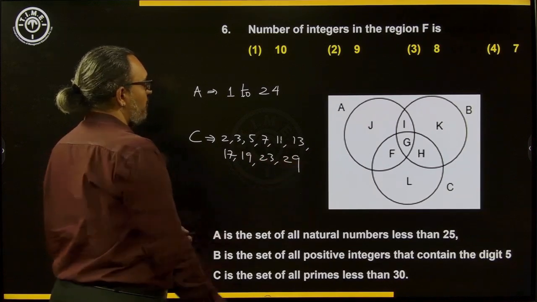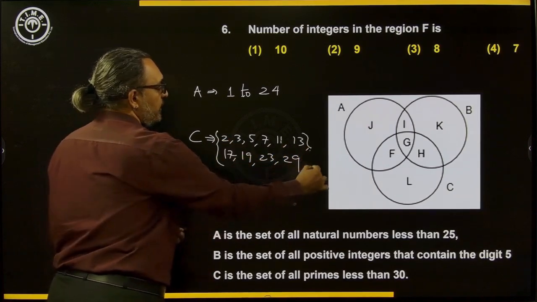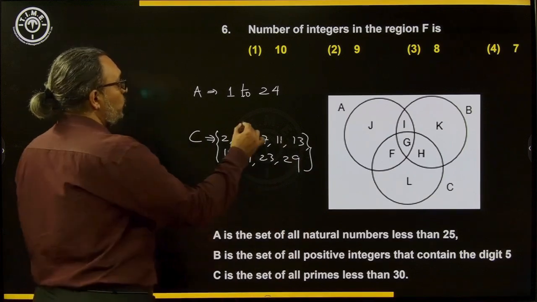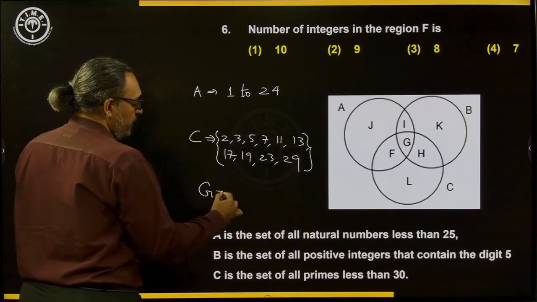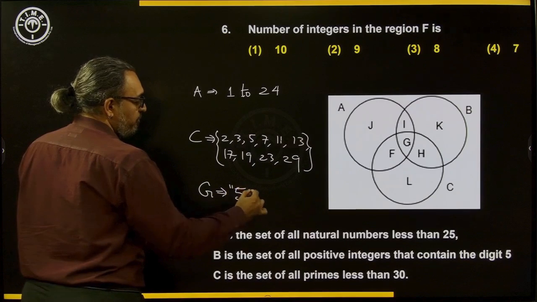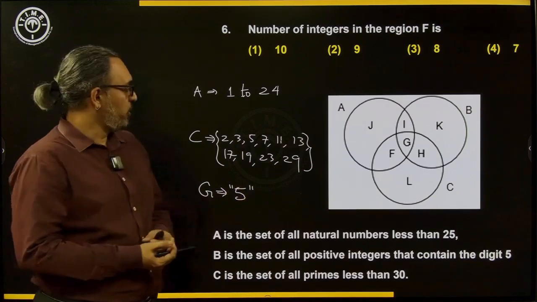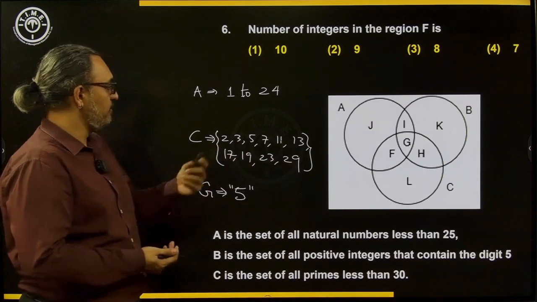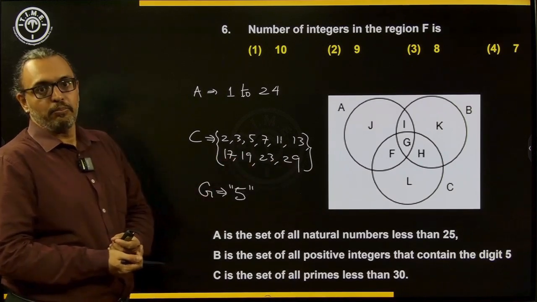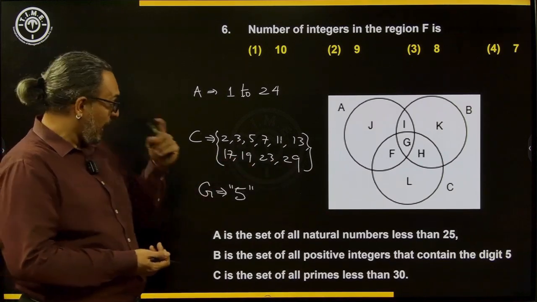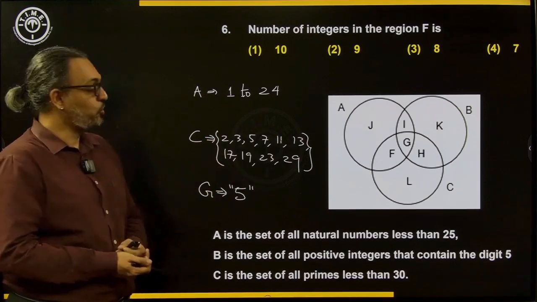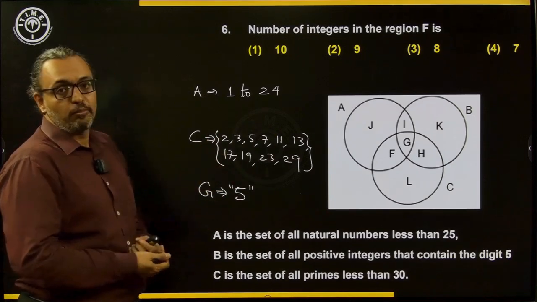These are the numbers you have in C. Correct? And we know G has the only number 5. G will have the only number as 5. Because none of the other 5s happens in prime numbers. Correct? At least in this list. There is no other 5. So 5 is the only number you get in G.